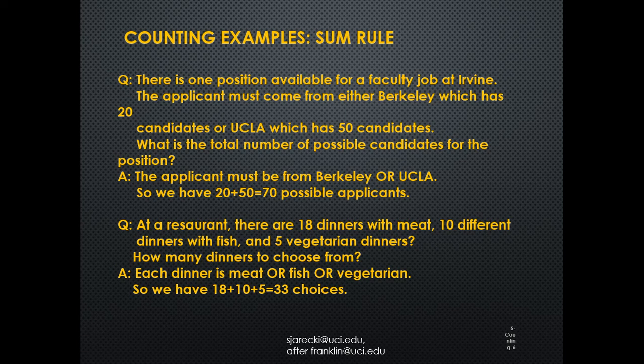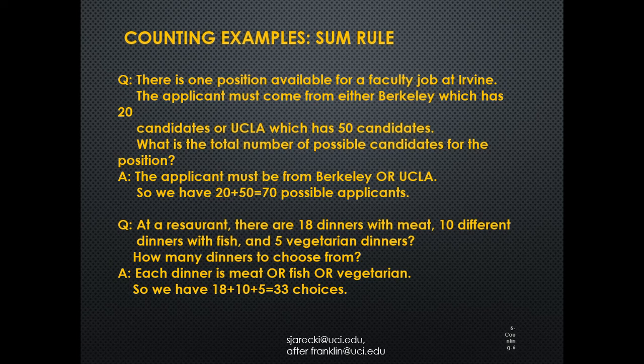So you have to apply the sum rule, that is adding the 3 different choices: meat, fish, or vegetarian dinners.